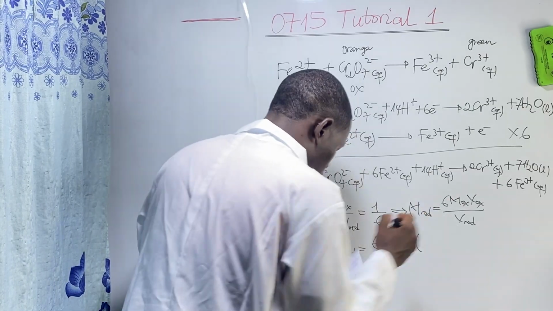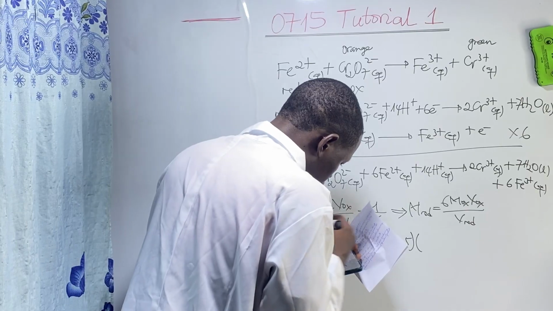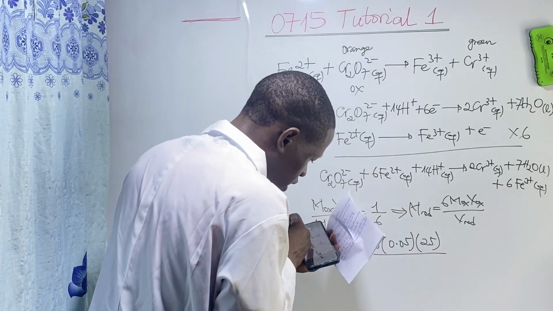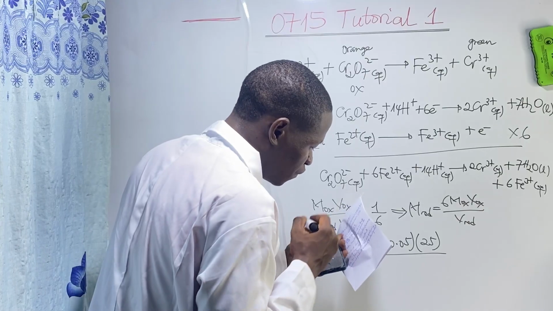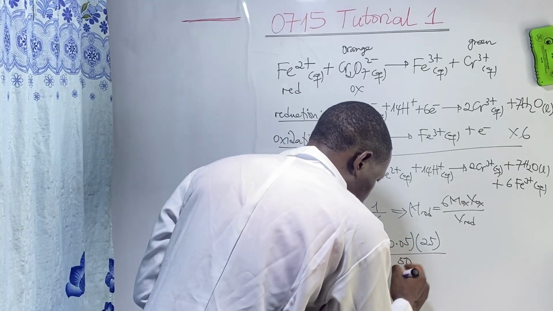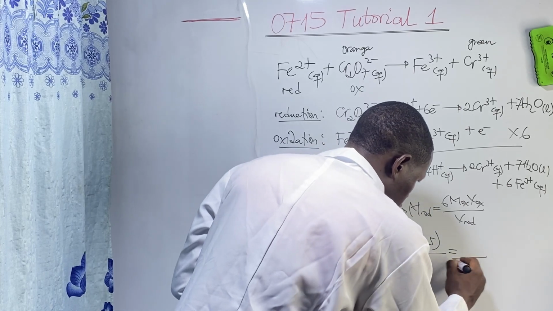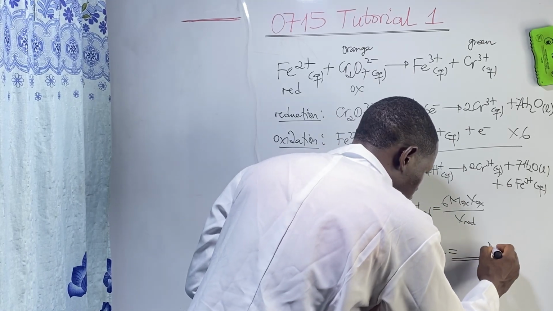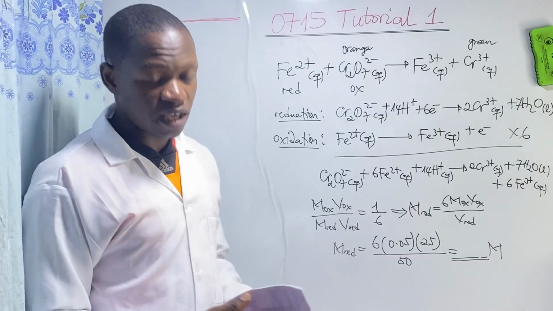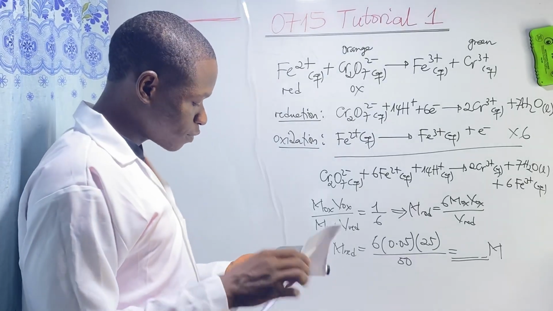Volume of oxidant is 25 cm cube, all over volume of reductant, which reacted with 50 cm cube of acidified iron 2. So volume of reductant is 50. You substitute and you have your answer in molar. That will be the molarity of the iron 2 solution.